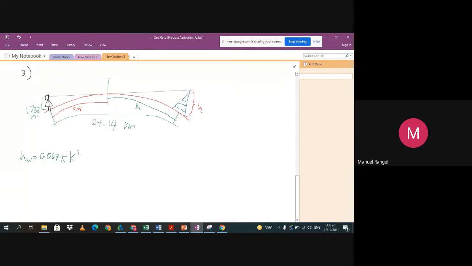So diri mo ta sa girl, that is 1.738, is equals to 0.0675 KW squared.